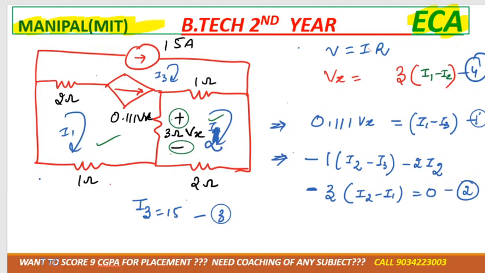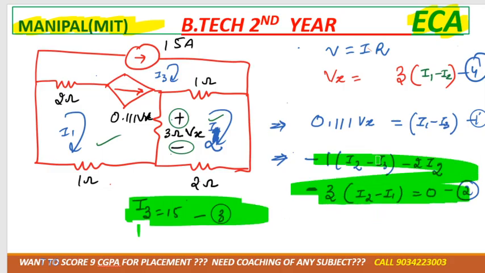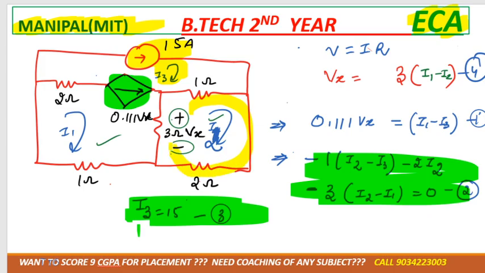Clear? So in this case we have to make 4 equations. These are the 4 equations. We can solve them, then we'll get the answer. First is due to the dependent current source, I1 is directly, another one is I3 is 15 ampere, another one is through the mesh analysis, and another one is through the dependent source, right? Okay.